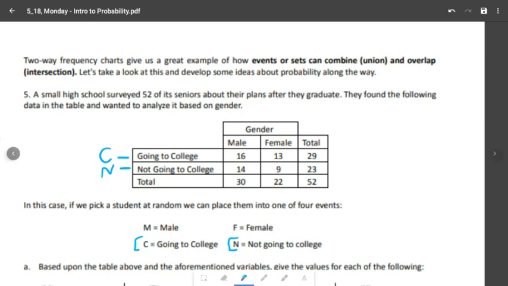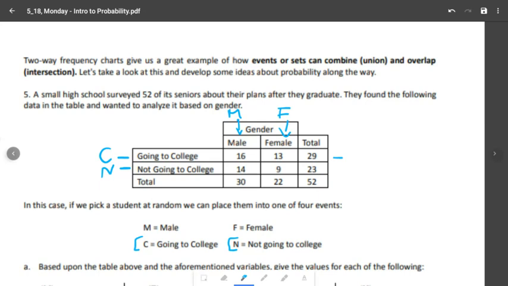Then at the top, I have a few columns. Being male, we're going to use the letter M to represent it. And being female, we're going to use the letter F to represent it. So these are the different events that we have.